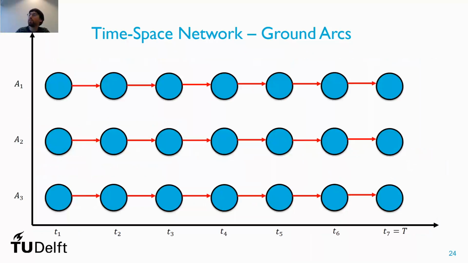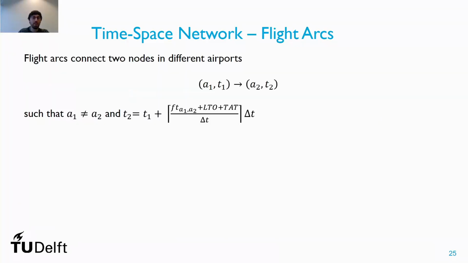So again, using our example with the 3 airports, 7 timestamps, this is the full set of ground arcs. But now we also want to define flight arcs. And flight arcs connect different airports, and in terms of time, that really depends on the flying time between the 2 airports.